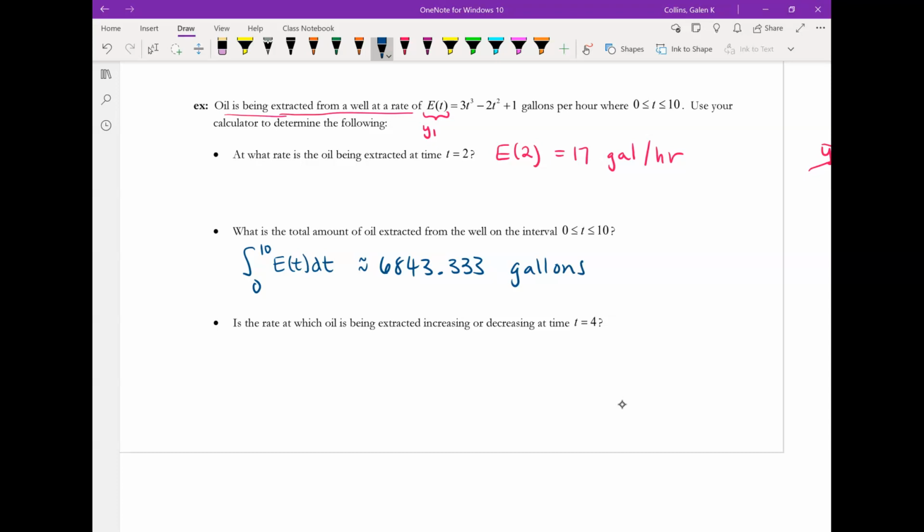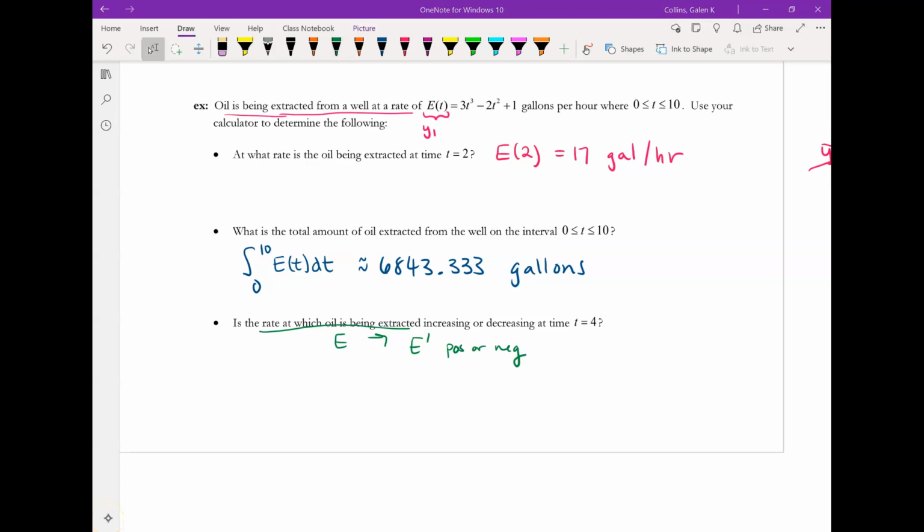Lastly, is the rate at which oil is being extracted increasing or decreasing at time t equals 4? So this is asking if E, because the rate at which oil is being extracted is E, is increasing or decreasing. So in order to know that, we need to know if the derivative E prime is positive or negative.